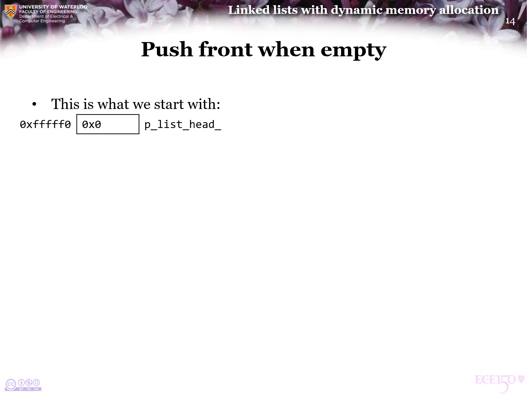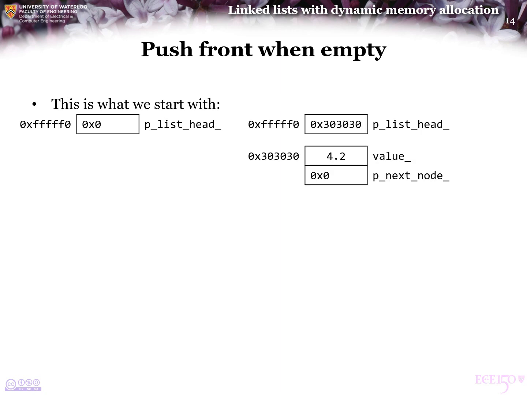So this is what we're starting with. Here we see the linked list class. It has one member variable, pointer to list head, and it is initially assigned 0, that is the null pointer. What we want to do is get to this point where we have dynamically allocated a node and set its value to whatever we're trying to store.